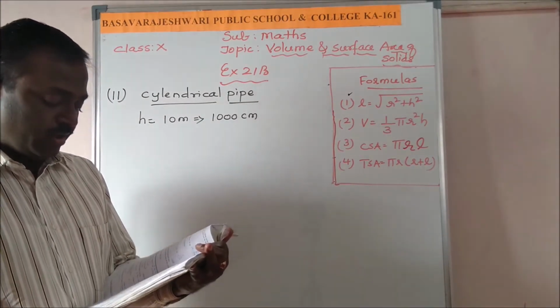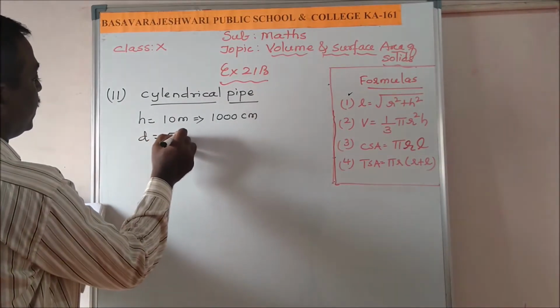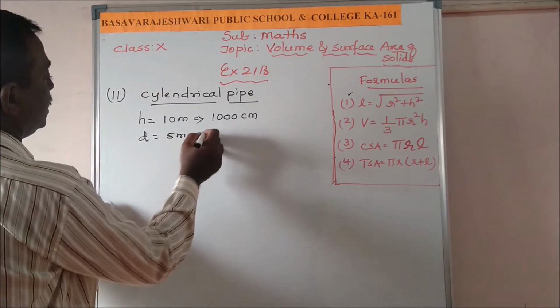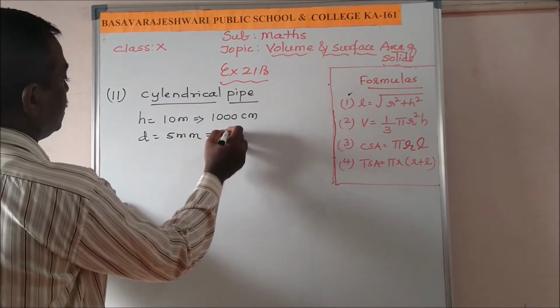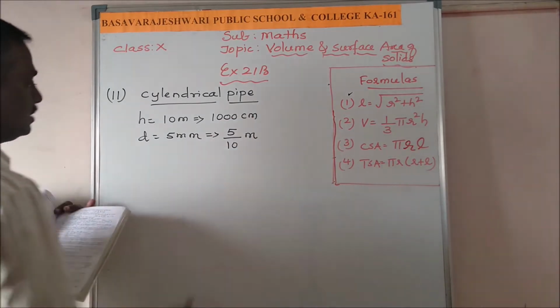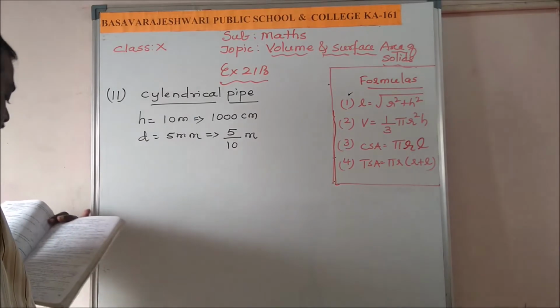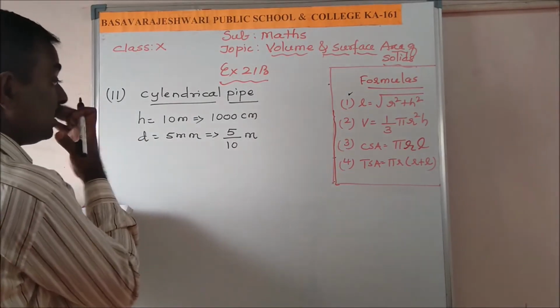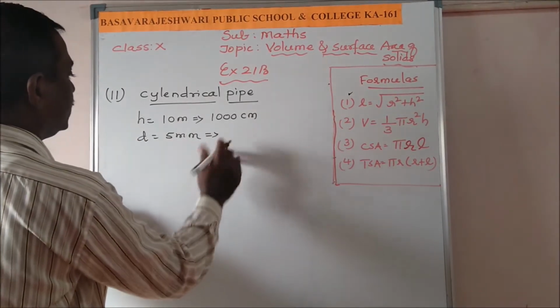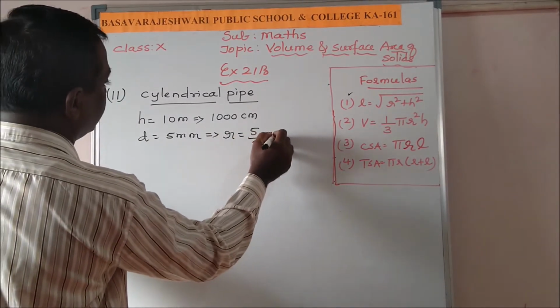Next, 5 mm in diameter. Diameter is equal to 5 mm. This implies radius is equal to 5 by 2 mm.